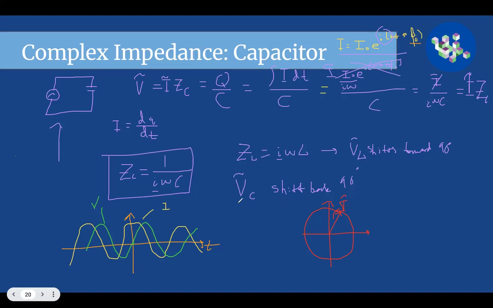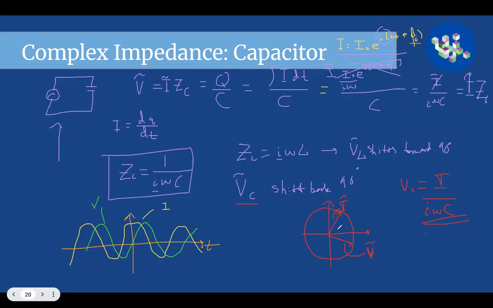And because VC is the current, VC equals I divided by I omega C, because 1 over I omega C is our complex impedance of a capacitor. You're dividing by I, so it shifts it back by 90 degrees. So this will be my unit vector of the voltage.